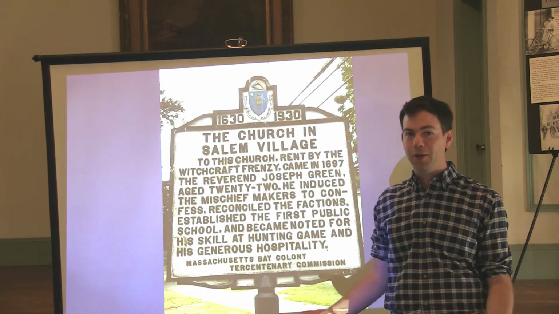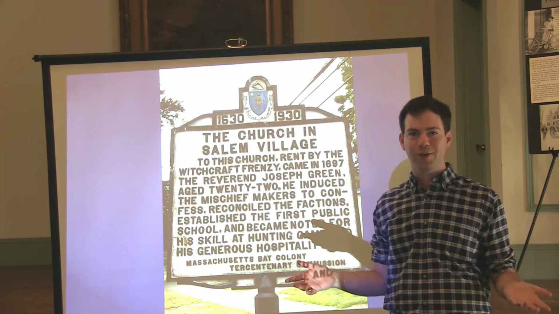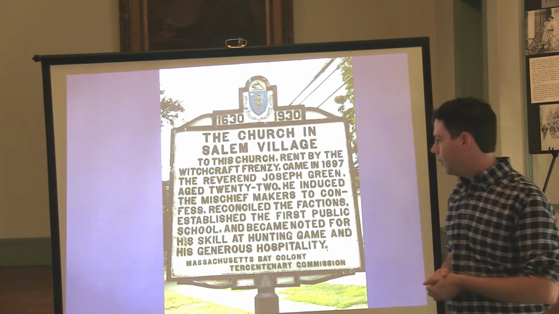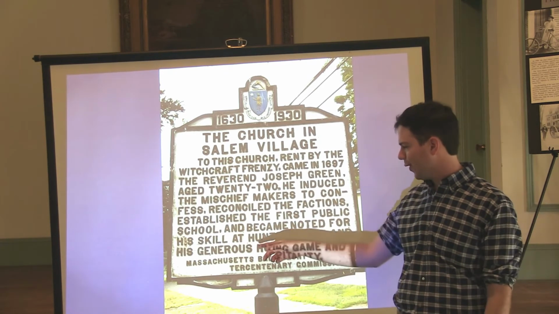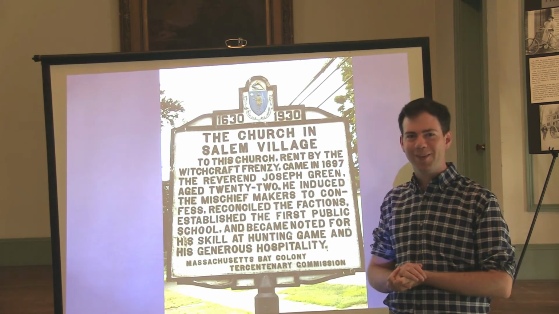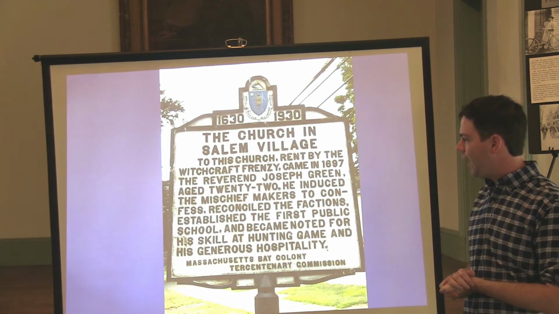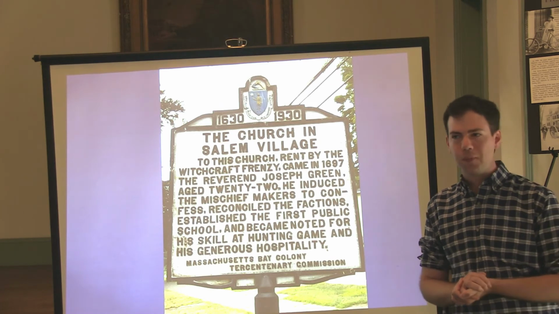That really adds to this being a fresh start with the Salem Village Church, and that he's a very new generation, just graduated college kind of minister. And so the marker does mention the reconciliation. It also mentions that Reverend Green was really good at hunting. Not sure that would have been one of the first things I'd put on the historic marker, but it's there. It really doesn't mention much about the witch hunt itself, though.